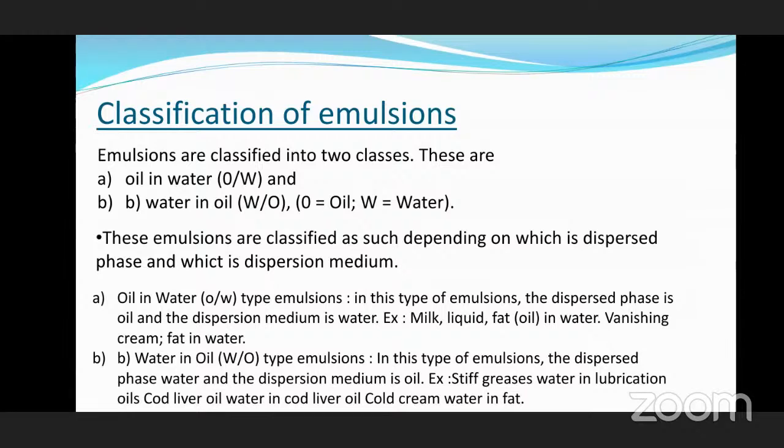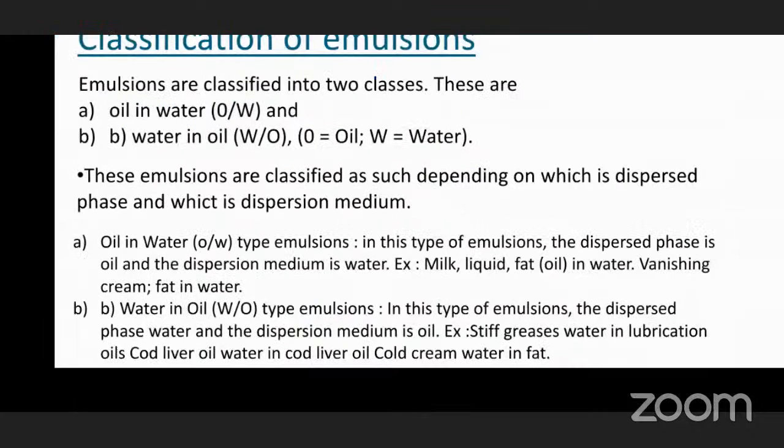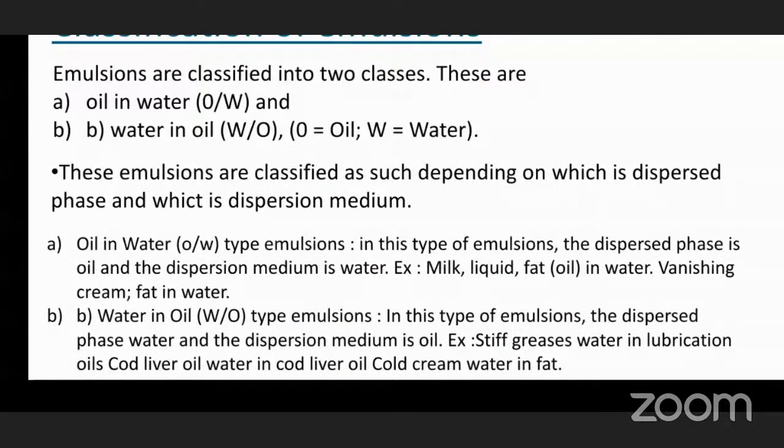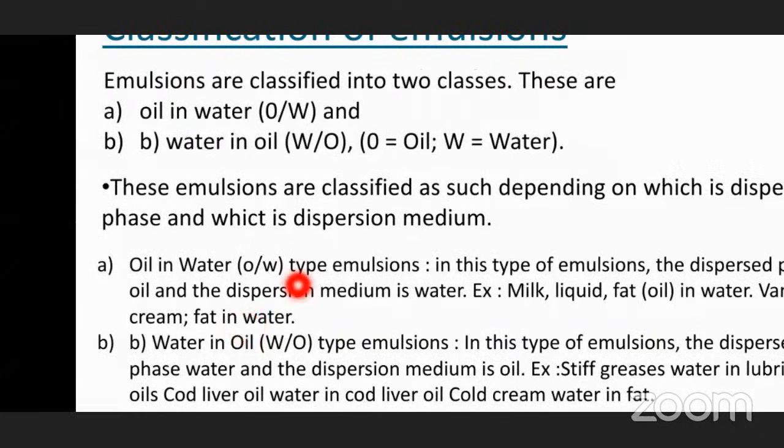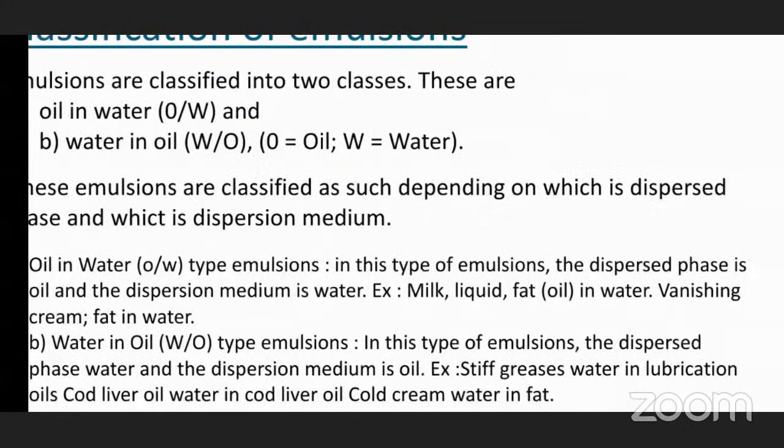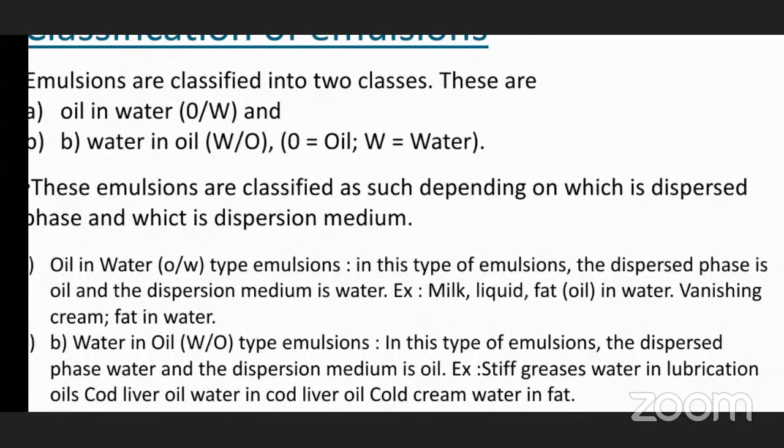Then let's discuss the second type, that is water in oil. In this type of emulsion, the dispersed phase is water and the dispersion medium is oil.